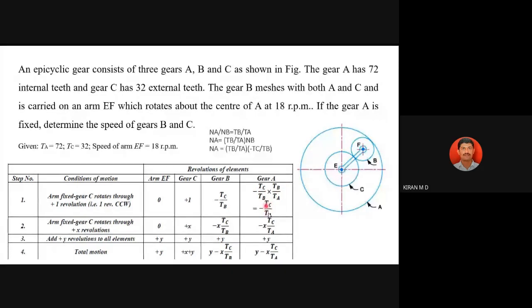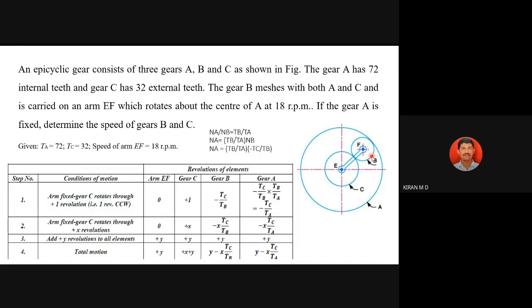So you may get a doubt: why is it negative here also negative? Are you following? Yes, sir. You may get the doubt that here it is clockwise direction, negative, so why have we not changed the sign? Because this is the internal gear and this is the external gear.